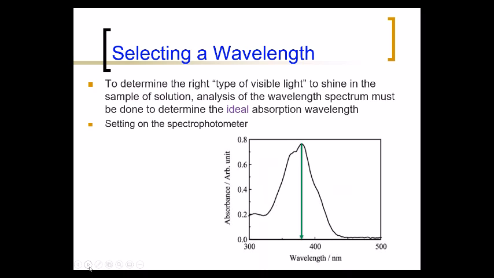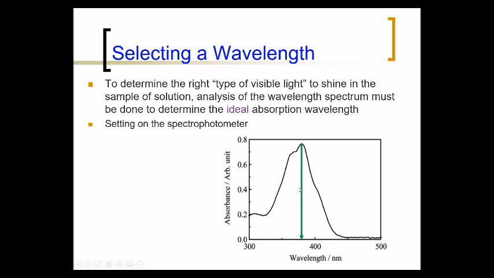Now, when you use a spectrophotometer, you have to set the wavelength of the maximum absorption. You want the ideal absorption wavelength. And how do you figure that out? Well, when I set the spectrophotometer, I put my highest concentrated value in there, and it generates a graph similar to this.